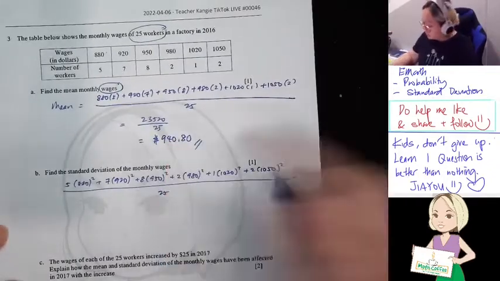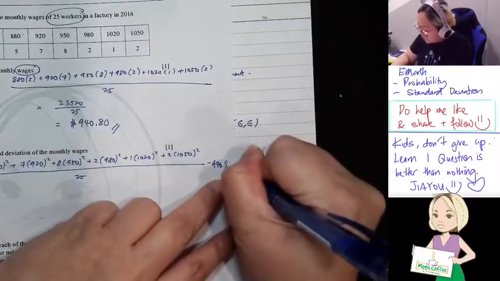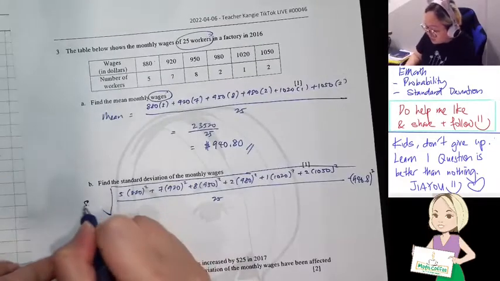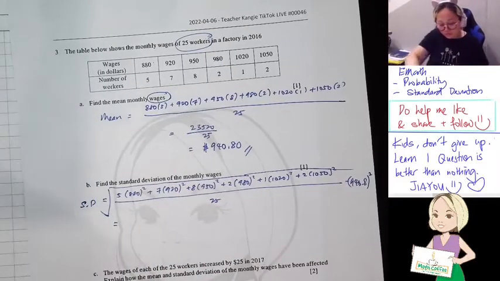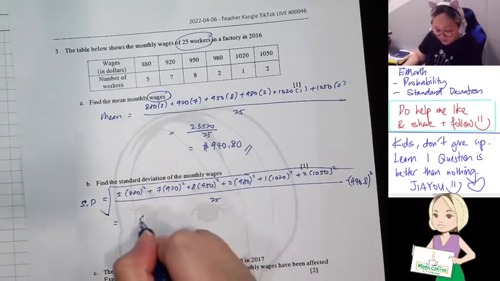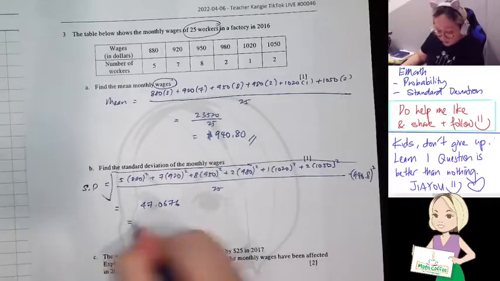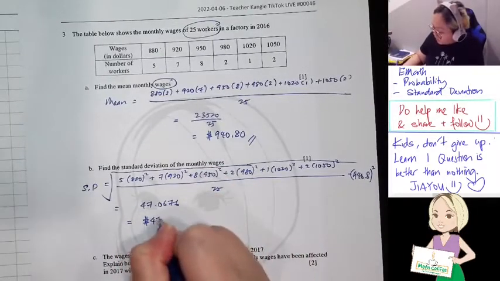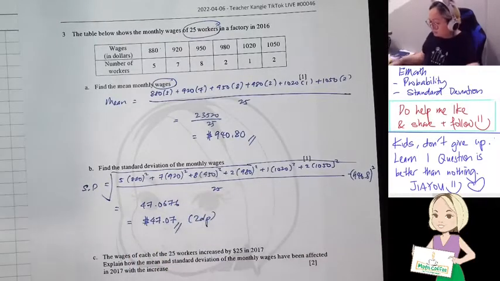Mean is already here, so it's just minus 940.8 squared, and don't forget the big square root. Okay, the big square root, standard deviation. So we will have 47.0676, and again this is wage, so it's money. Money rounded off to 2 dp, so it's 47.07. Done.